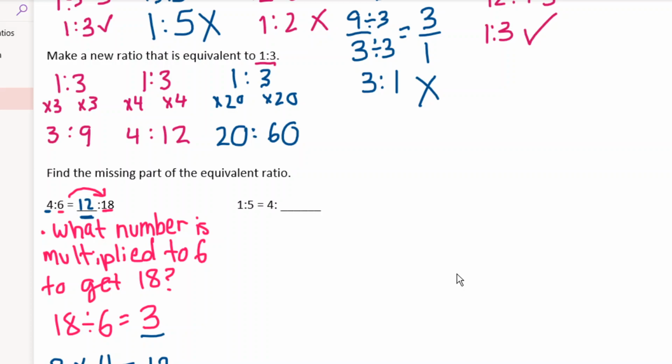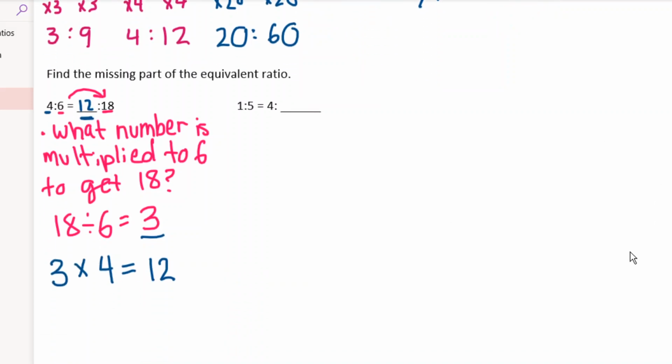And so now we know that 4 to 6 is equivalent to 12 to 18. Right? There's another way that you can set this up as well, but I think this is the easiest way. And I'm sorry, I keep forgetting to move down so that you can see. In real class, you'd yell at me for that. But unfortunately, you don't get to yell at me for this.